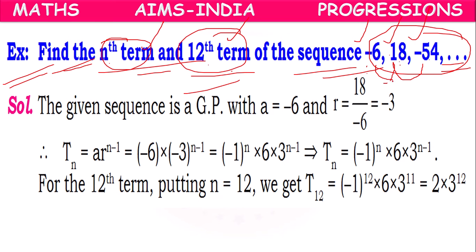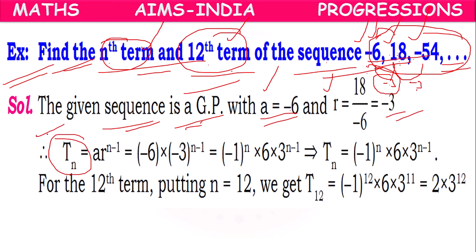So minus 6 into minus 3 is plus 18, into minus 3 is minus 54. In the given sequence, except the first term, remaining terms are obtained by multiplying the previous term with a fixed number. So the given sequence is an example of GP with first term a equal to minus 6, and common ratio r as minus 3.